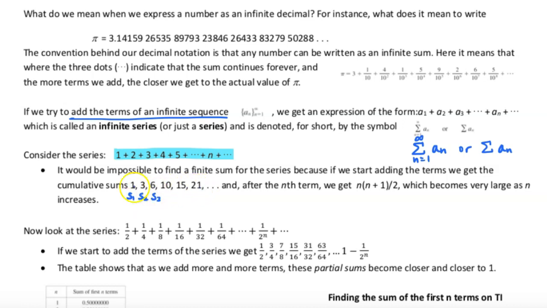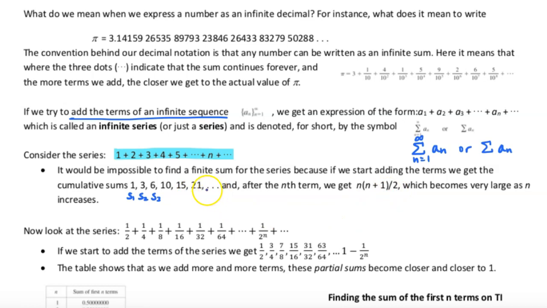And so this is just the sum written as a list. So this is just the series written as a list. This means that after the nth term, as I continue on, I'm looking to find the pattern to describe this set of values, and that's going to be n times n plus 1 over 2.